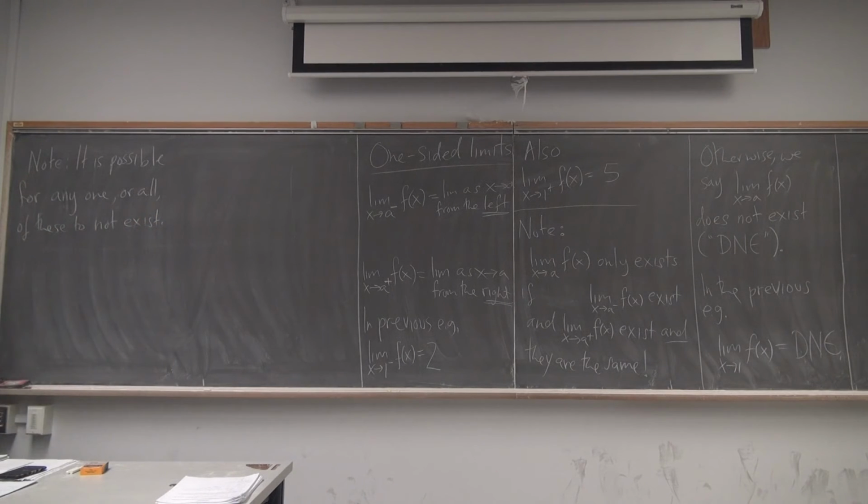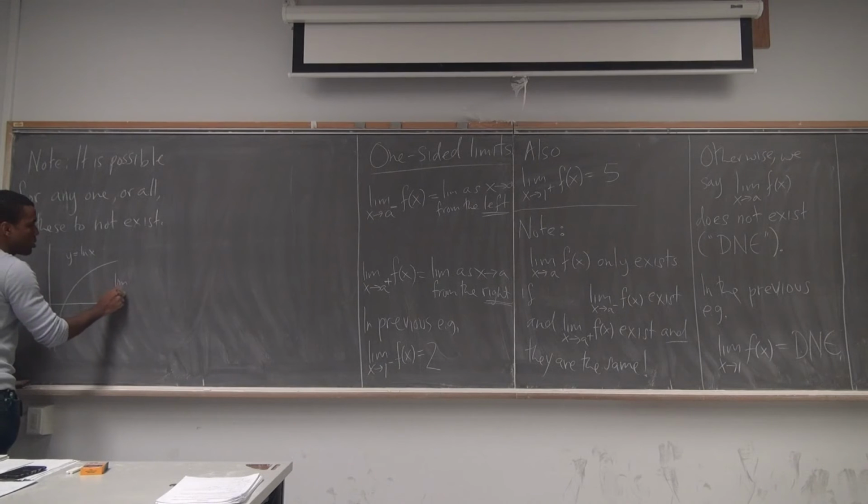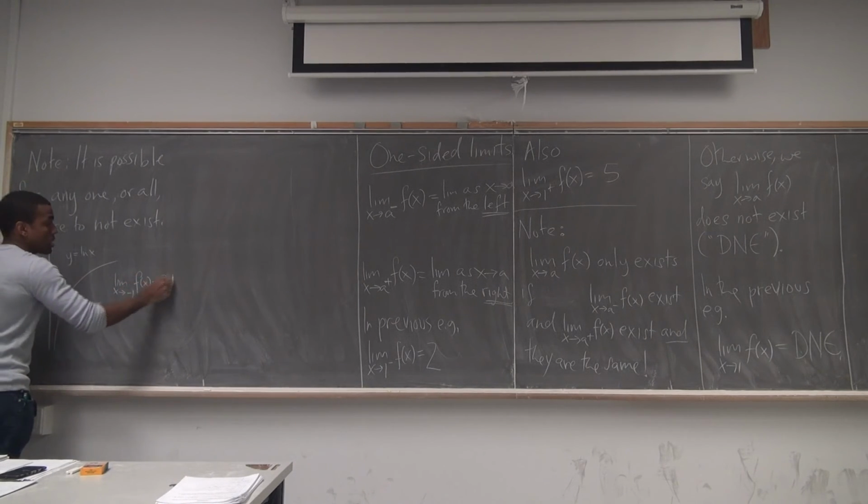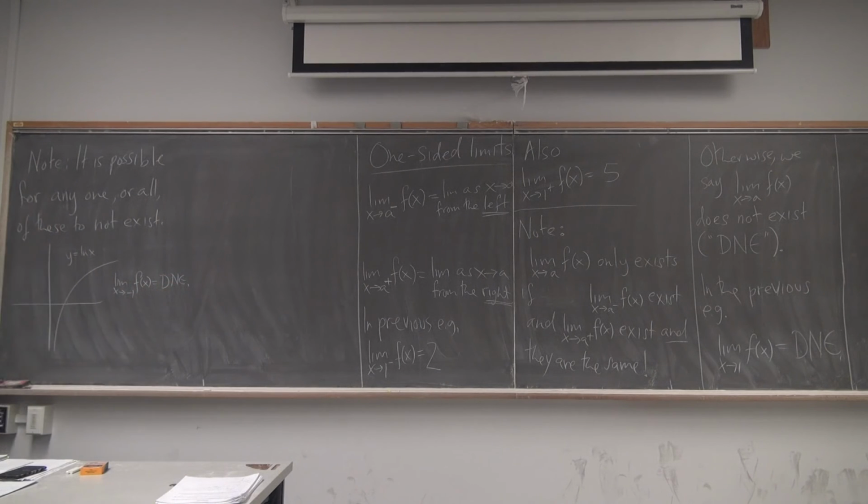It's possible for any one or all of them to not exist. So I can give you an example. Look at the graph of y equals ln x. And I could ask you, what is the limit as x approaches minus 1 of f of x? Obviously it does not exist, right? Because over here at minus 1, there's no graph. There are no y values.